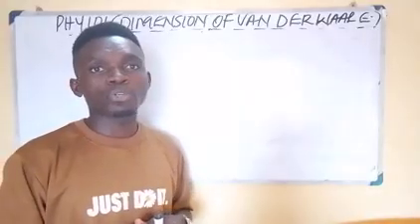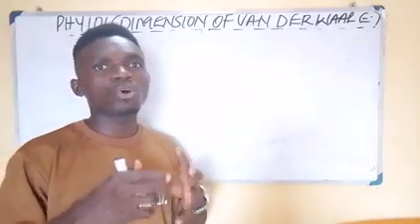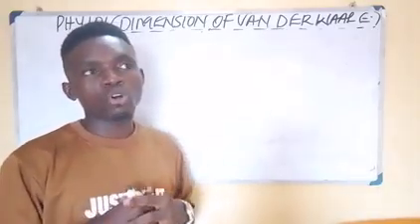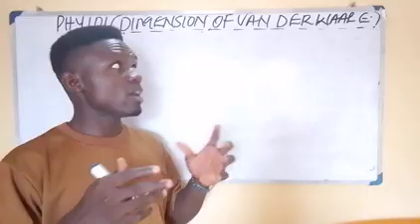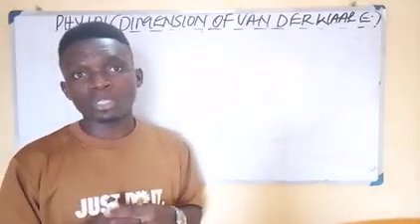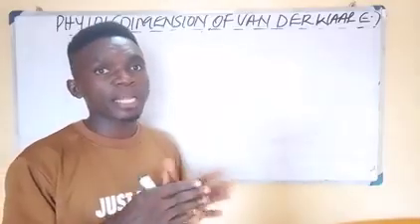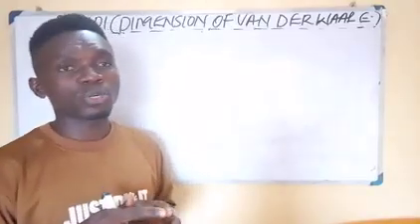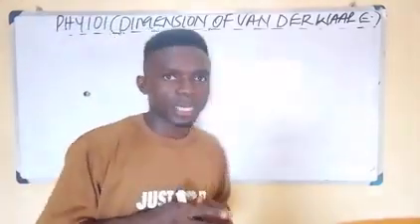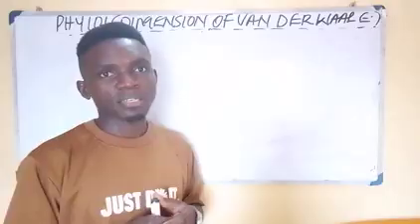Diamond is not able to conduct electricity because the crystals are strongly joined together by a strong covalent bond, and that is why the electrons found in diamond are not able to move freely. Hence we call them immobile electrons. What about graphite?